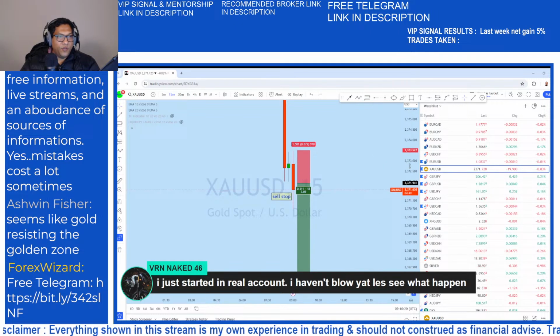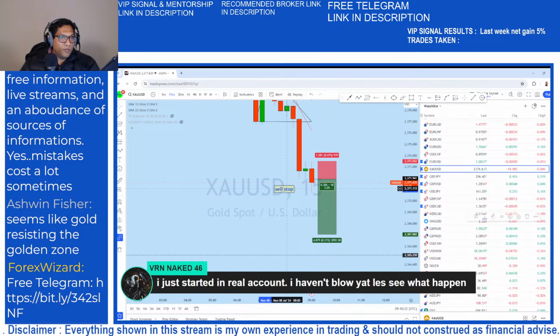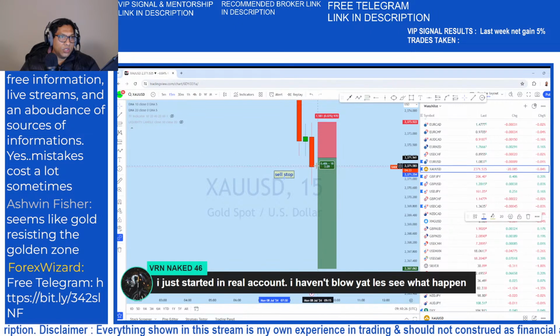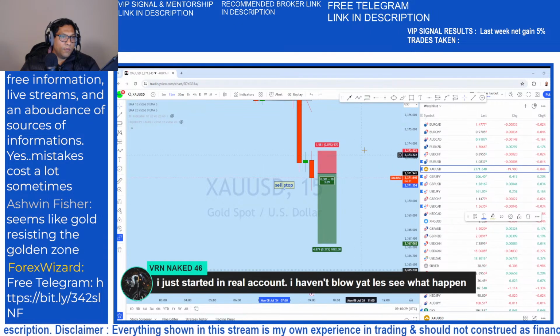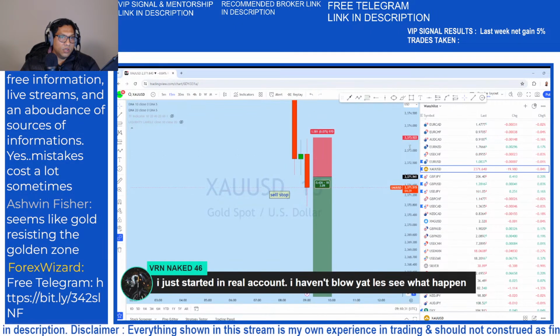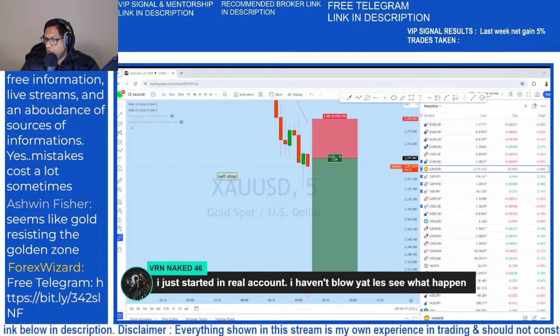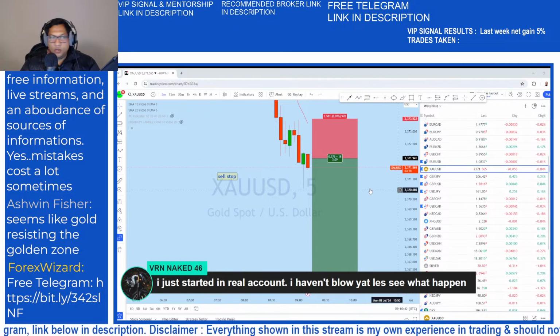Okay, so looking at 15 minutes, what I see is that if we see this candle closing here like that, it's for me also potentially bearish, but see where the market might be heading. So again, we are short on gold, pretty much a little bit in profit.